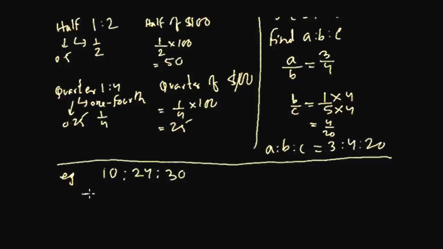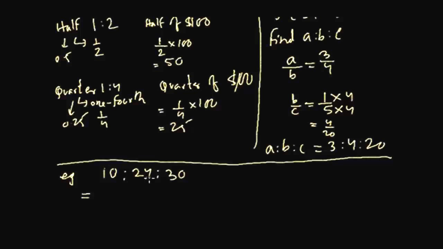So the first thing we have to do is divide the three things by the same number if it is possible. Here we see that 10 can be divided by 5, 24 cannot be divided by 5, but 30 can be divided by 5. So we cannot divide this by 5. In the next one, if we think about 3, 10 cannot be divided by 3, 24 can be divided by 3, and 30 can be divided by 3.